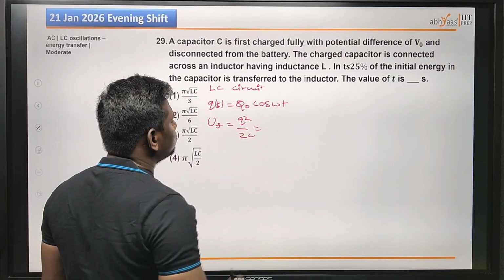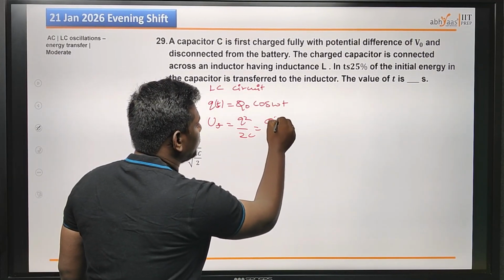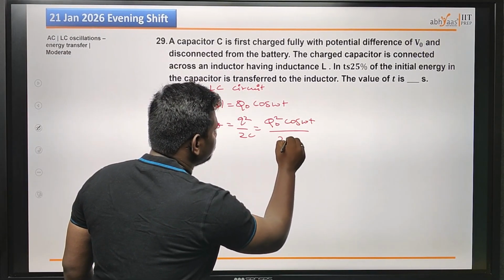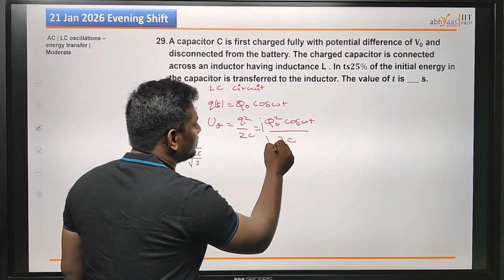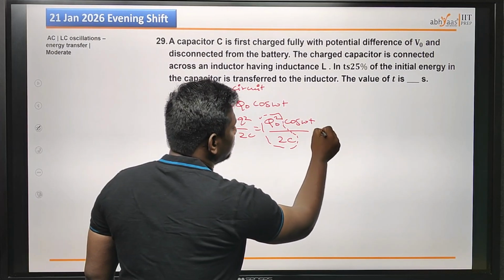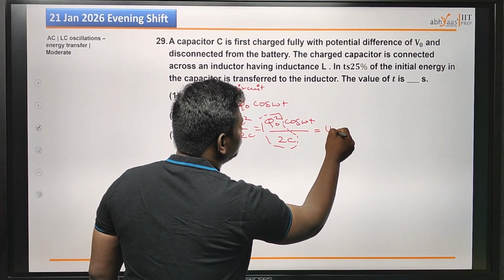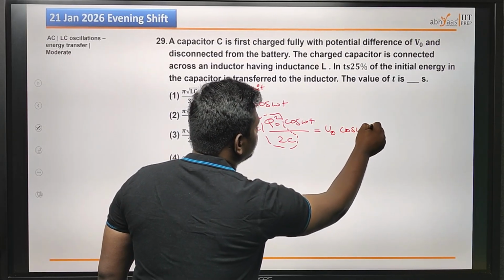If you substitute the Q value, Q naught square cos square omega t by 2C. So Q naught square by 2C can be written as the initial energy U naught. You can write it as initial energy U naught cos square omega t.